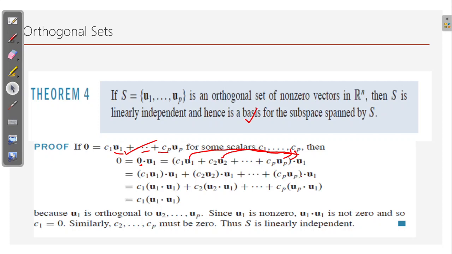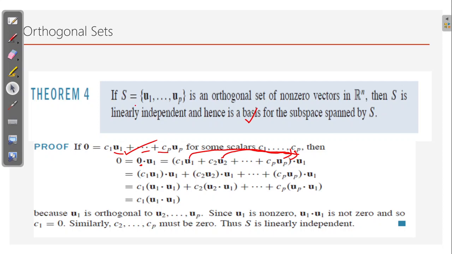That means u1 is taken in inner product with u1, u2, u3 multiplied by the scalars. Again applying the property of inner product, you can take out the constants, the scalars or real numbers, c1, c2, c3, etc., cp.